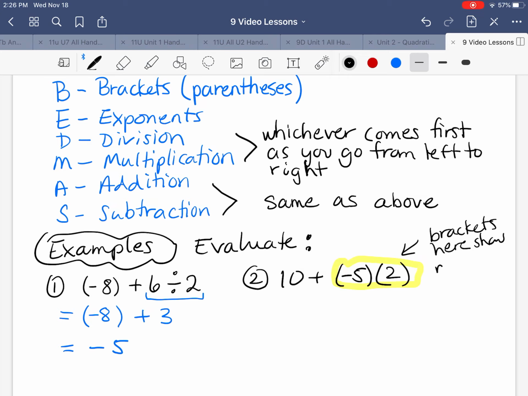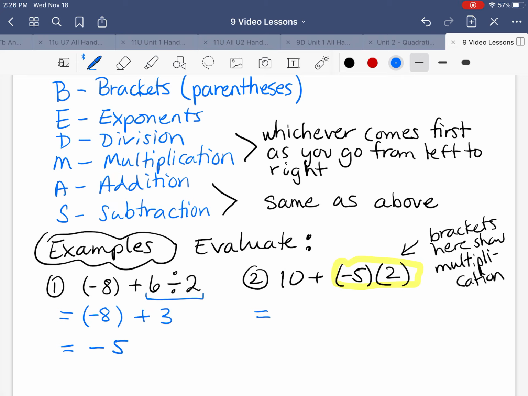And it's so that we stop using the x for multiplication, because we're going to start using x for something else once we get into some algebra.